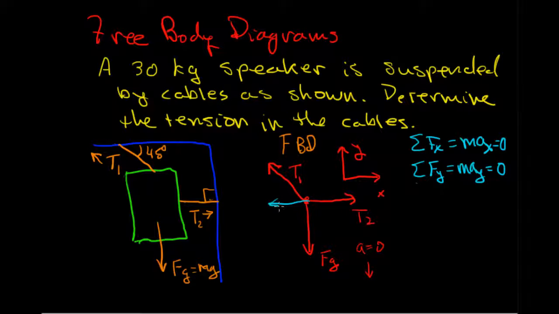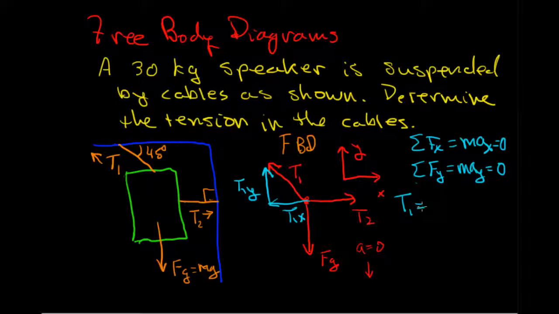So I pick my T1X going to the left and my T1Y going vertically. I break this T into components. We've already said that I can represent one vector with two others that add up to it, so I'm going to represent T1 as T1X plus T1Y. Now each of these is along a coordinate axis.